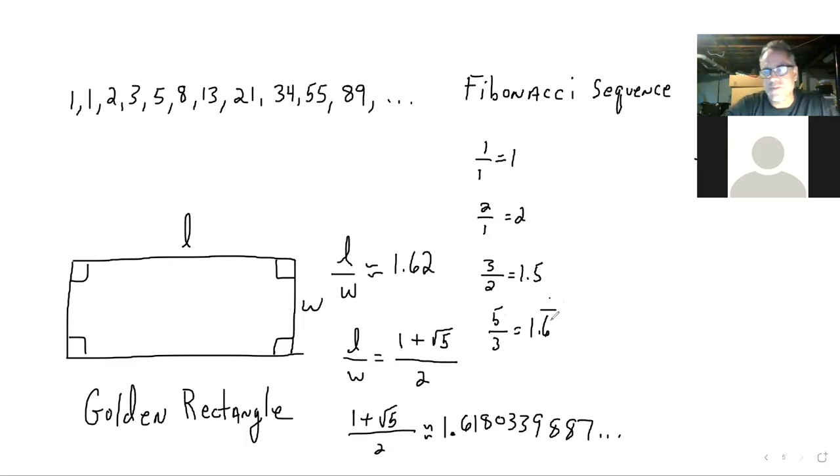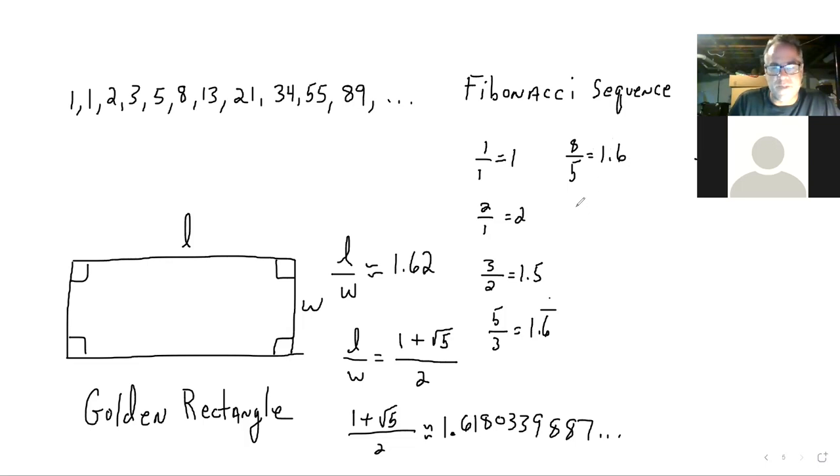The bar above the 6 means that that decimal is repeating forever and ever and ever. 1.6 repeating. So the next ratio I would look at is 8 over 5. And 8 divided by 5 is exactly 1.6.